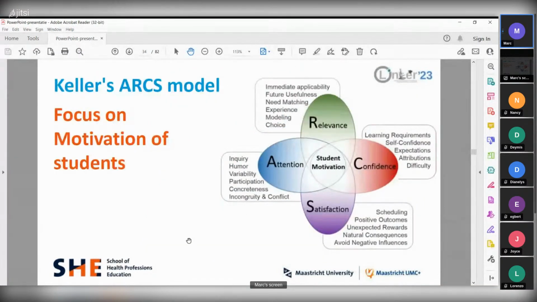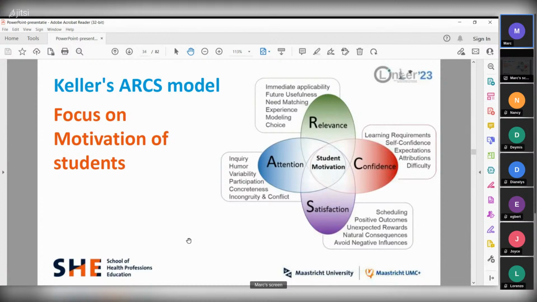So I might be repeating myself now, but that helps with learners' retention about the models. So hopefully you'll continue to hear me now. The first model that we were talking about was Keller's ARCS model, which focuses on the motivation of students.